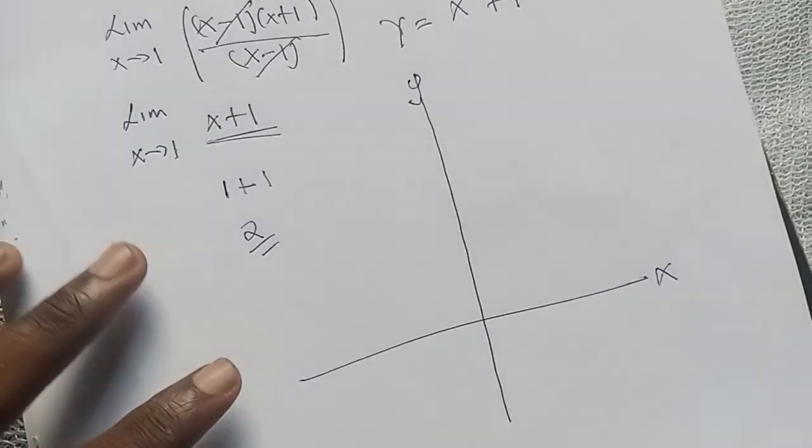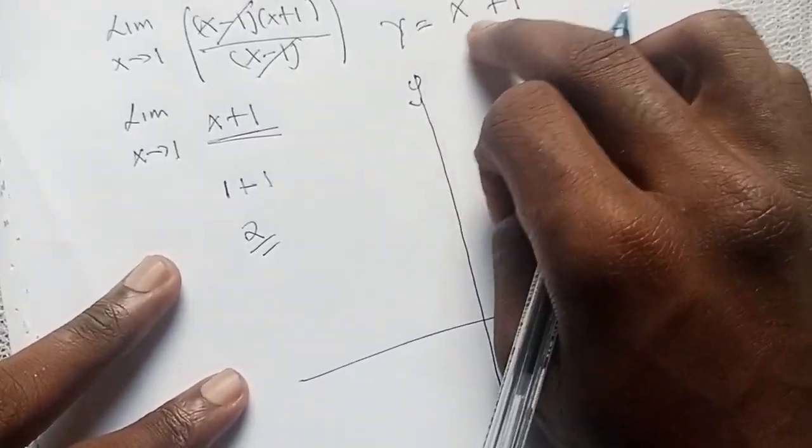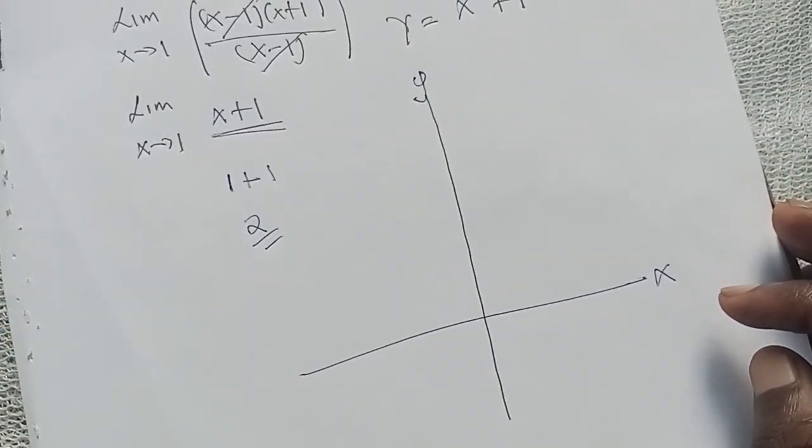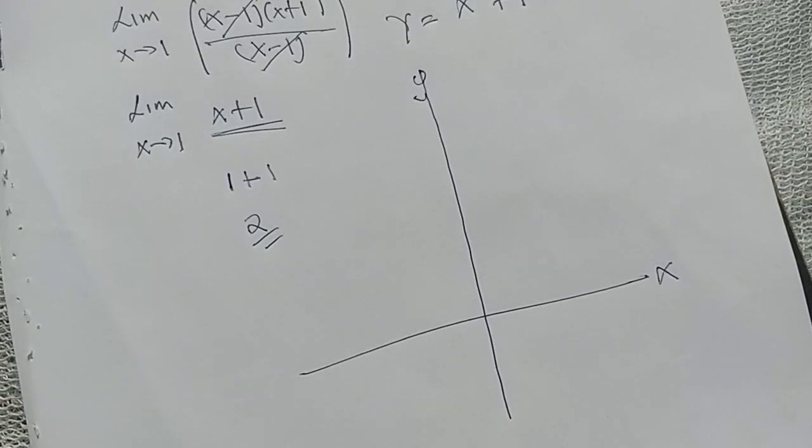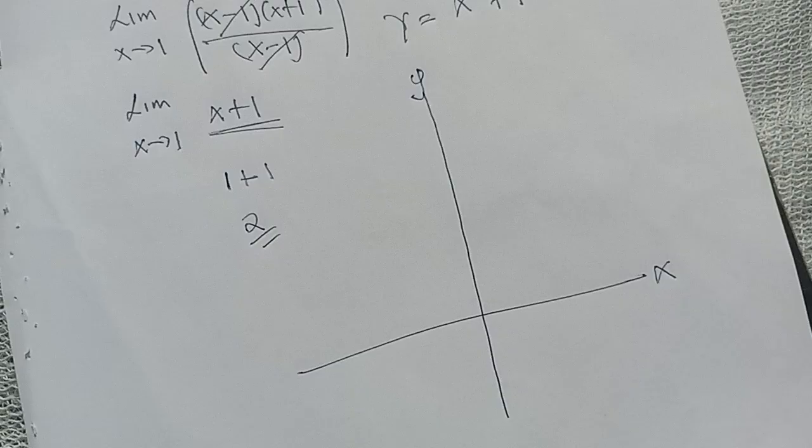So this is a straight line. Let's say you read about how to sketch certain functions in semester 1. So I won't be going step by step, finding the values of y, x, and all those things. I'll just use the concept that you learned last semester.